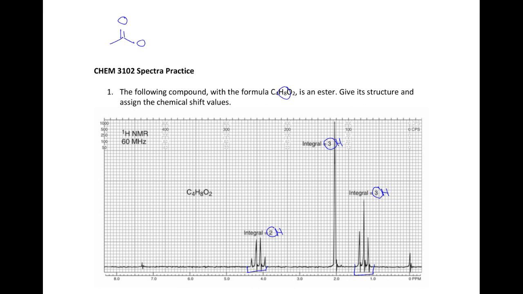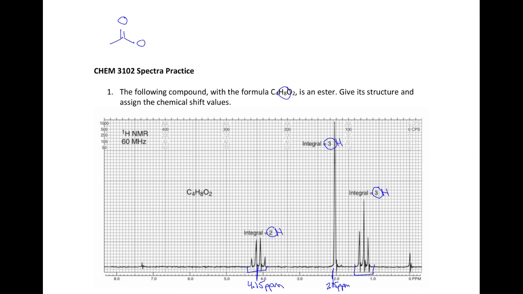We know that our first peak is centered somewhere around 4.2-ish. The next one is a singlet, centered somewhere around 2.05 ppm maybe. Let me write in the first one around the quartet: maybe around 4.15, something like that.